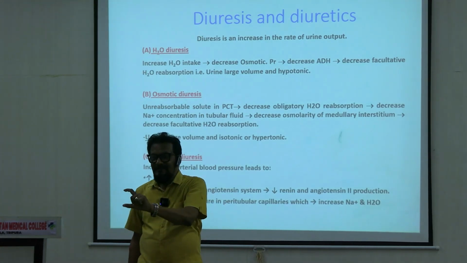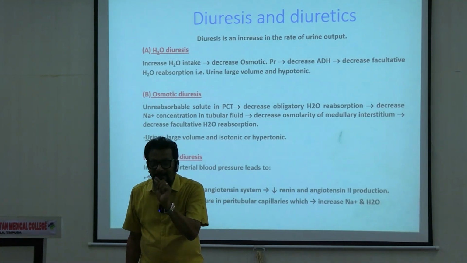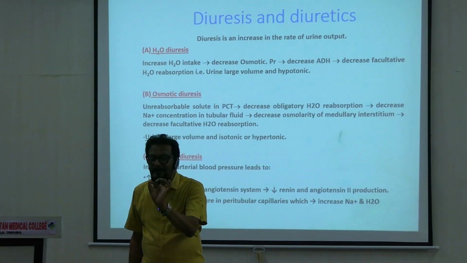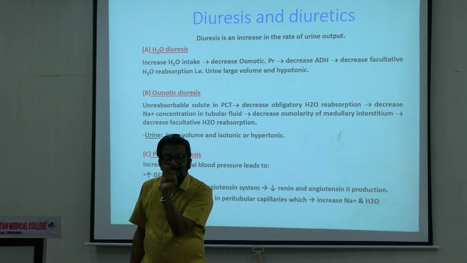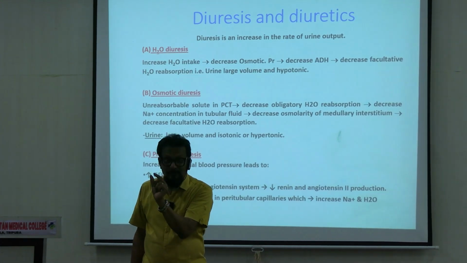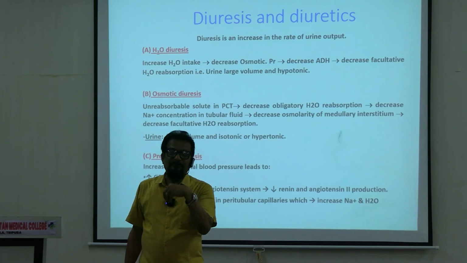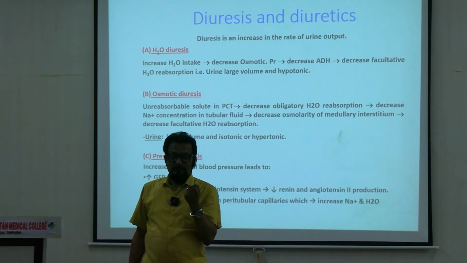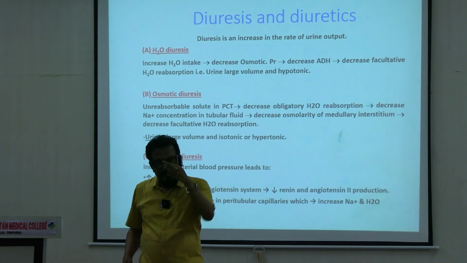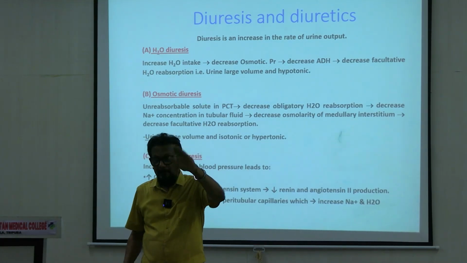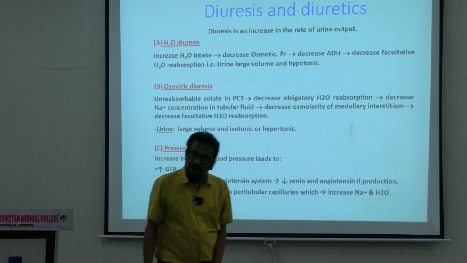Facultative means that only in the collecting duct and the last part of the distal convoluted tubule, that part can absorb water if it wishes. The wish develops when ADH is there. That's why this part is called facultative water reabsorption.